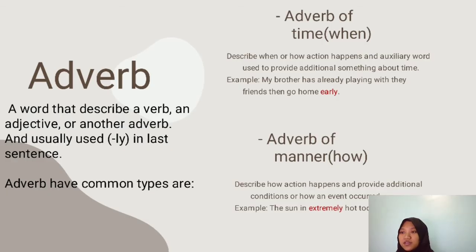Hello, my name is Annisya Innaz, and now I want to explain about parts of speech. An adverb is a word that describes a verb, an adjective, or another adverb, and usually uses -ly in a sentence.